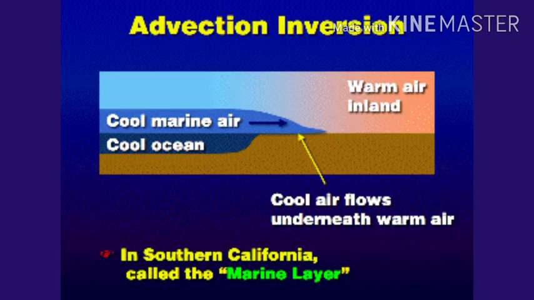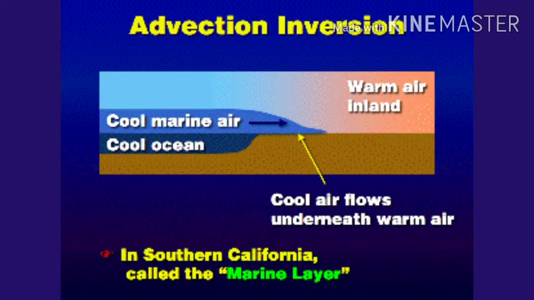And if we talk about the advective inversion, which is number 2, it is the cooling of warm air which is passing over a cold surface. The inversion may be accompanied by thick fog if the air is moist.